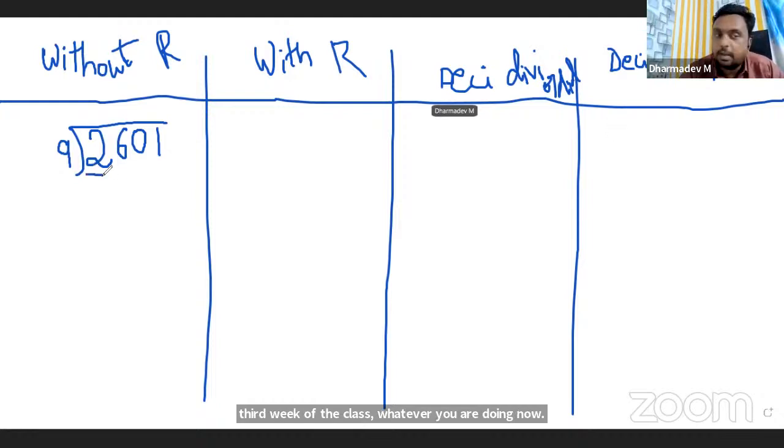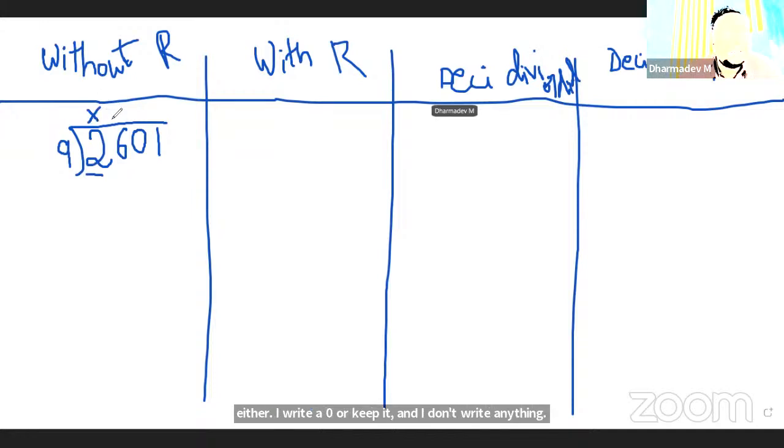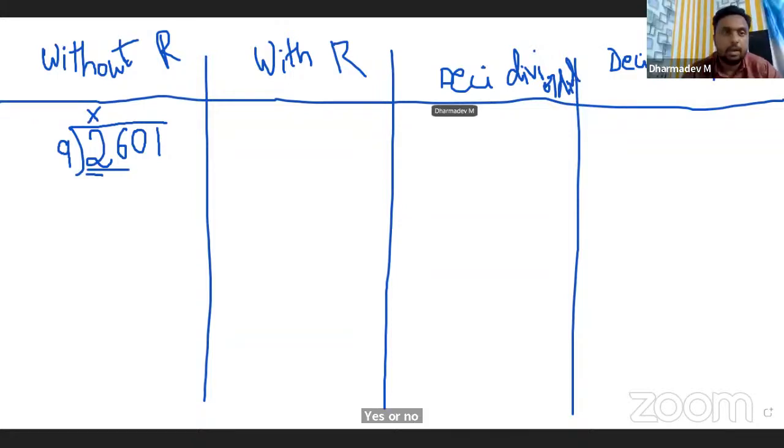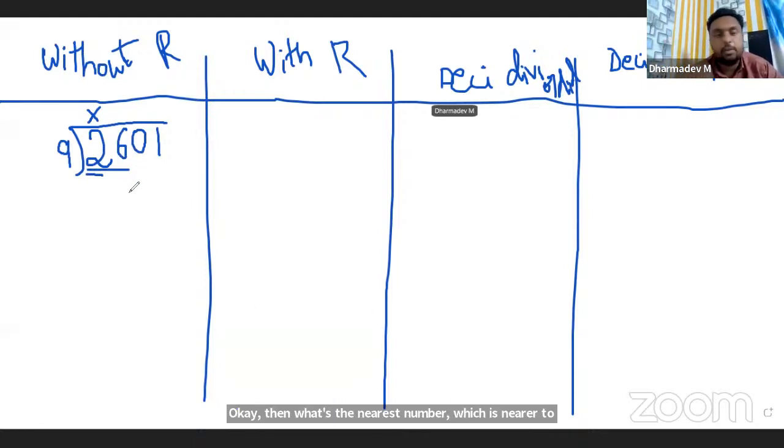Okay, this 2 I cannot divide by 9, so either I write a 0 or keep it nil. I don't write anything. Are you clear with that? Next, 26. If I take two numbers, would I be able to divide it by 9? Yes or no? Then what's the number nearest to 26 but smaller in the 9 times table? 18.